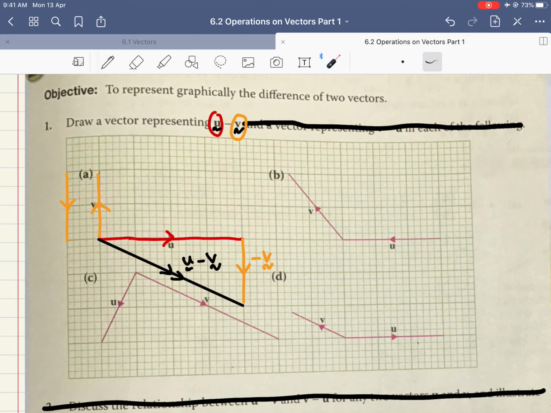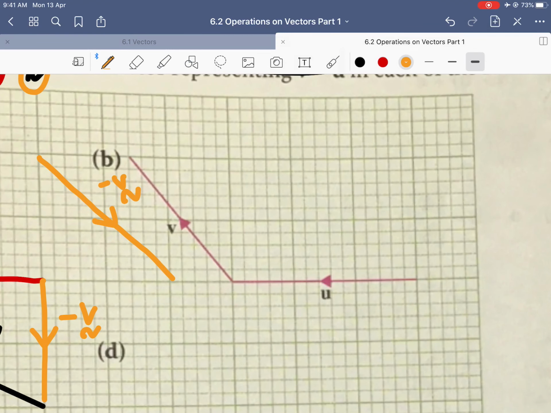I'm moving on to part B now. U minus v, same thing. Let's look at negative v. If positive v is going upwards like this, how does negative v look like? I can draw negative v in this case to look like this. This will be negative v. Let me just focus on this part of the screen. So if I have vector u, which is this, and I want negative v, I will join it up to this point here.